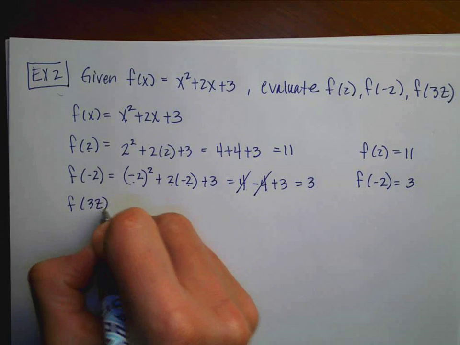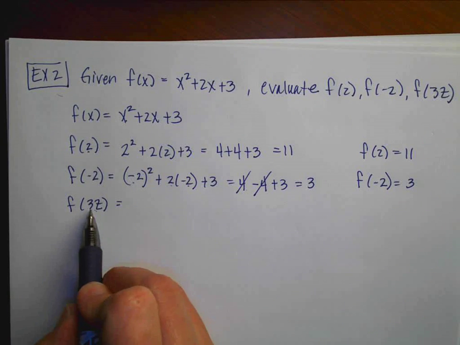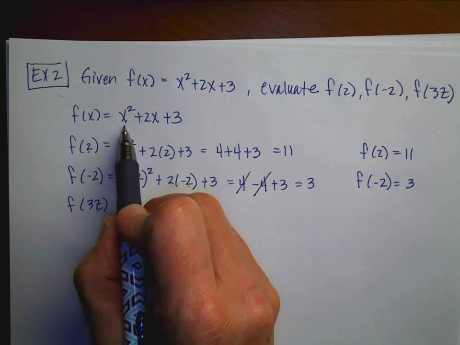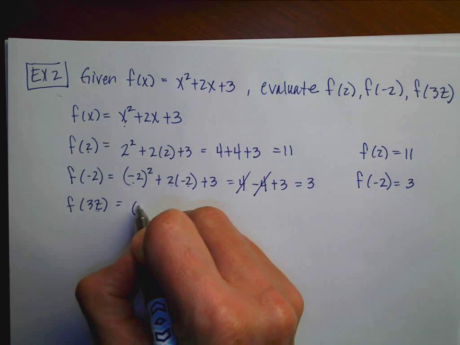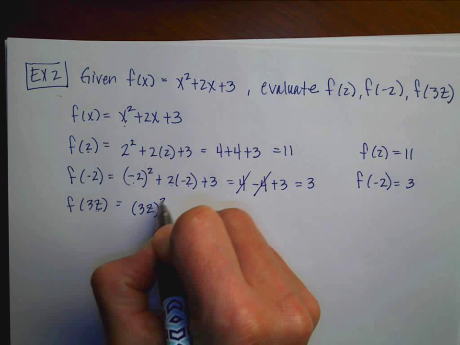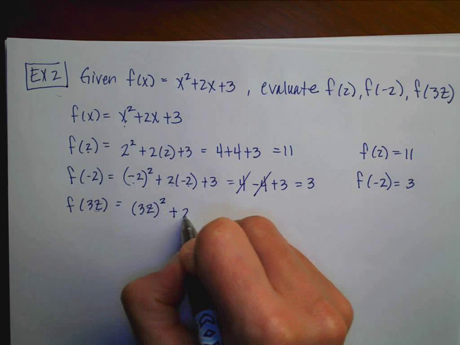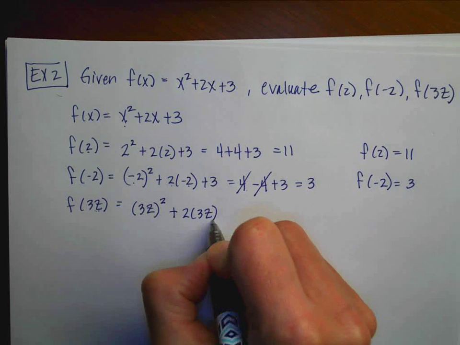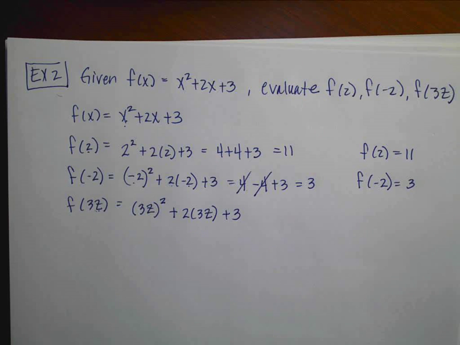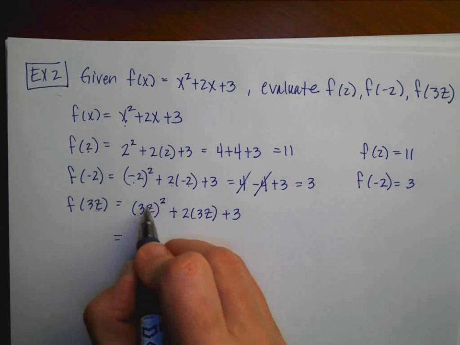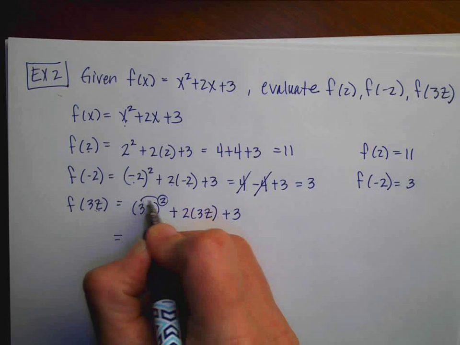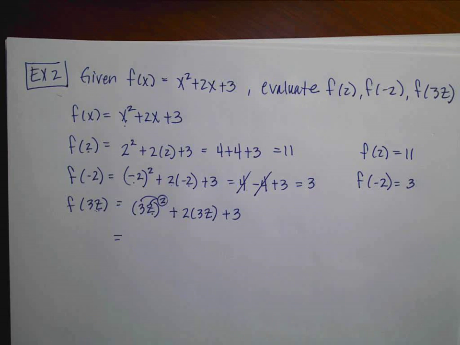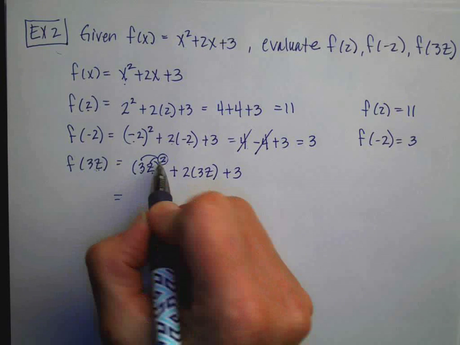And then f of 3z, now I substitute the 3z into the equation everywhere there's an x. Parentheses are important, so it's going to be (3z) squared plus 2 times 3z plus 3. If I do this math, when anything is inside the parentheses, that means that the squared applies to everything inside the parentheses.